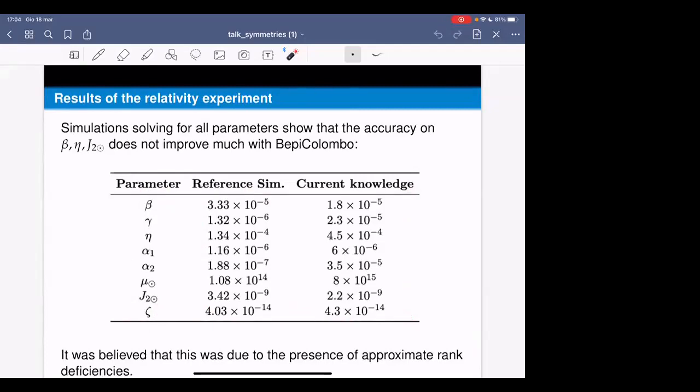And actually, for the parameters beta, eta, and J2 of the Sun, there is little to no improvement at all. And it was believed this was due to the presence of approximate rank deficiencies, which prevented achieving better accuracies.